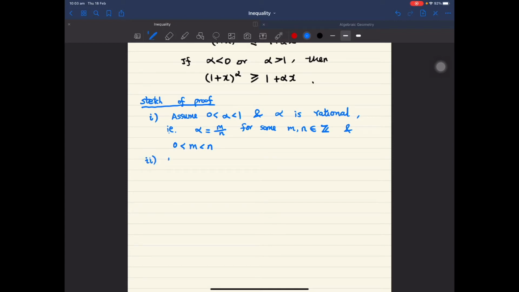And the second, we assume alpha is between 0 and 1, and alpha is irrational.